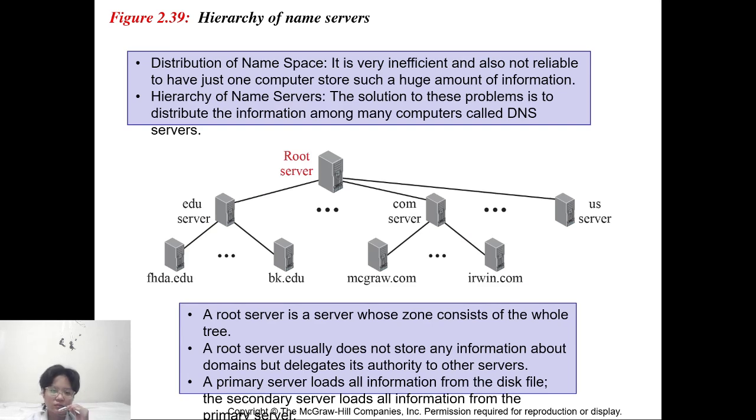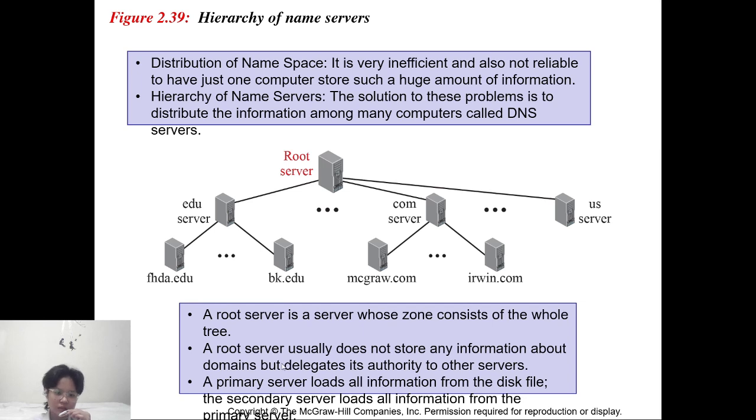Figure 2.39 is the hierarchy of name servers. Distribution of namespace: it is very inefficient and also not reliable to have just one computer store such a huge amount of information. The solution to this problem is to distribute the information among many computers called DNS servers.